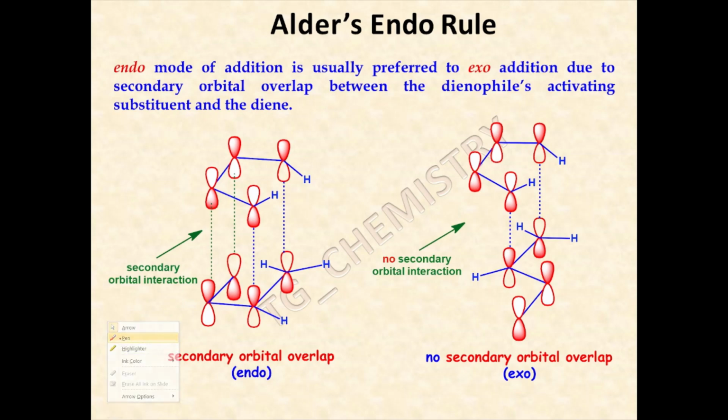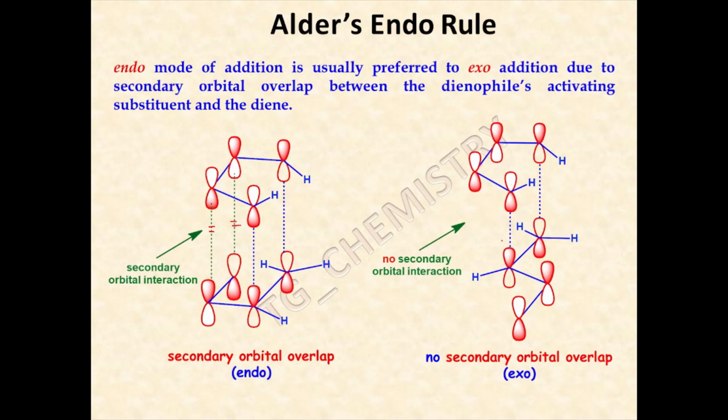So this is very much evident from the representation over here. You can see the diene system over here, and the dienophile's activating substituents, if you can understand that. And then you can see there are additional secondary interactions like this one and this one, which is missing in case of exo orientation.